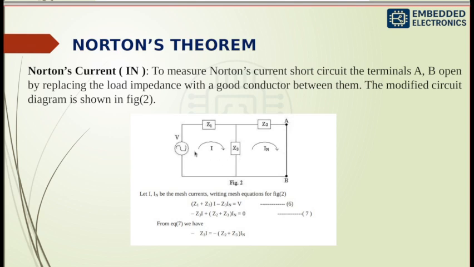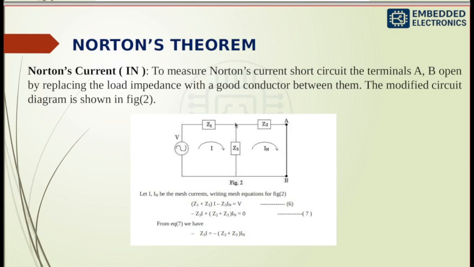Now apply the KVL for the first loop, the same step which was followed in the previous theorem. For the second loop it is different because here it is short circuit, right? So let's apply the KVL.